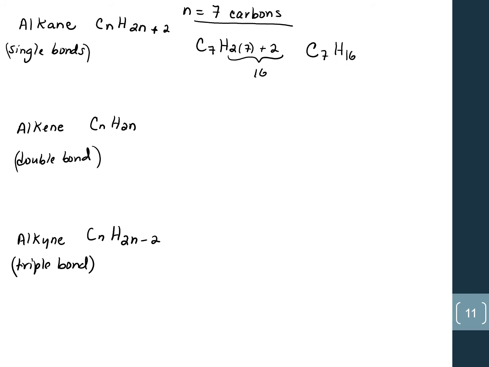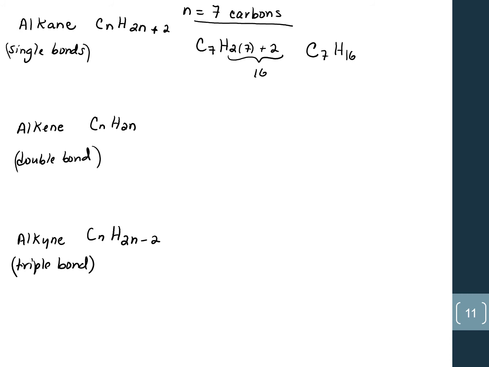Now, if what you have is an alkene with one double bond, you're not going to have 16 hydrogens because alkenes are unsaturated. The maximum number of hydrogens that you can have when you have 7 carbons is 16. So that's a saturated hydrocarbon because that's the maximum number of hydrogens that you can get. When you have a double bond, now the number of hydrogens is going to be lower.